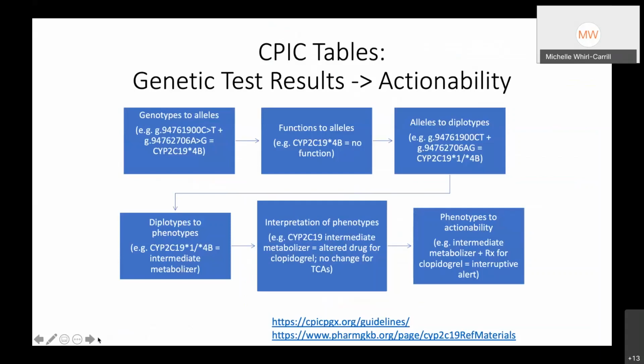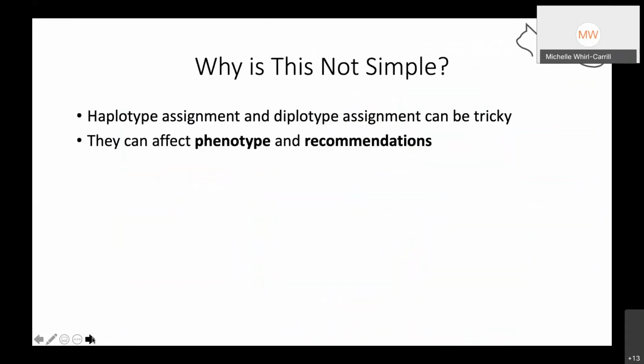They all exist, but somebody has to implement that. It should be straightforward because all those tables exist. It should not be that hard for someone to just go from point A to point B, you would think. However, the actual assignment of the haplotype and diplotype can be tricky because of those overlapping variants that I mentioned way back at the very beginning in PharmVar.